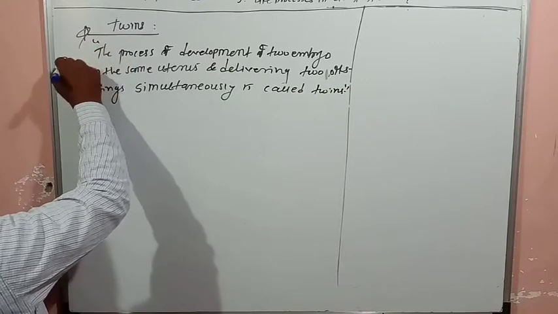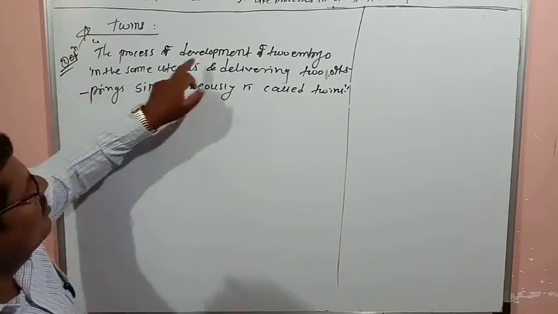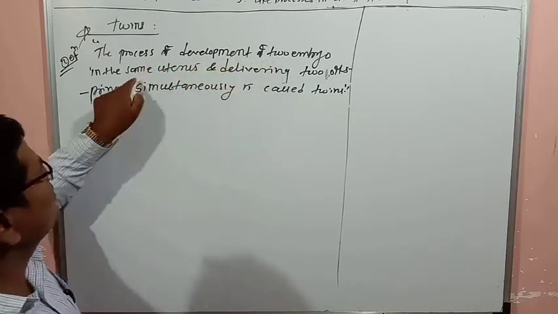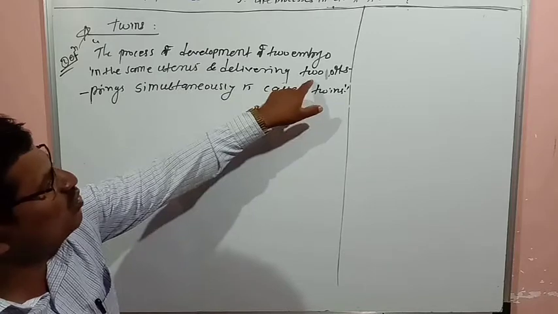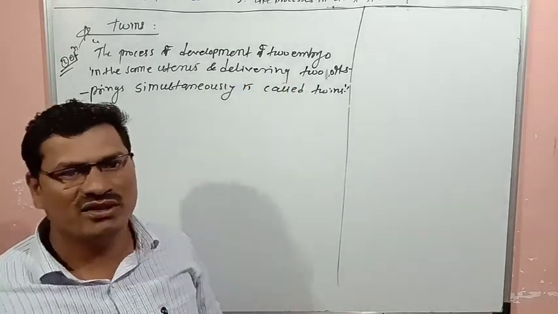So what is the definition of twins? The process of formation of two embryos in the same uterus and delivering two offsprings simultaneously is called twins.